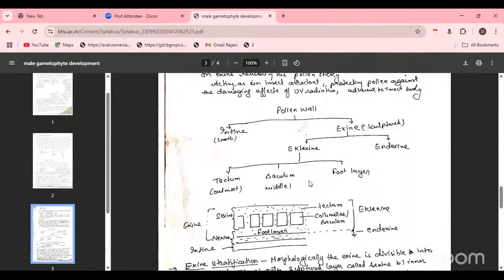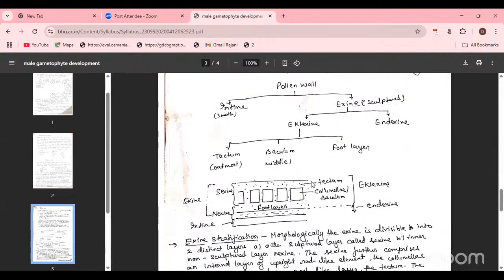This is the exine. The exine can be divided into sexine and nexine. This part is the intine. This exine is again divided into sexine and nexine, that is, ectexine and endexine.